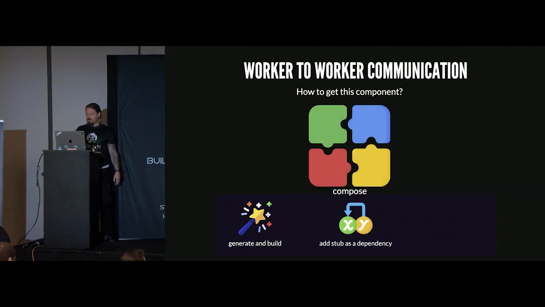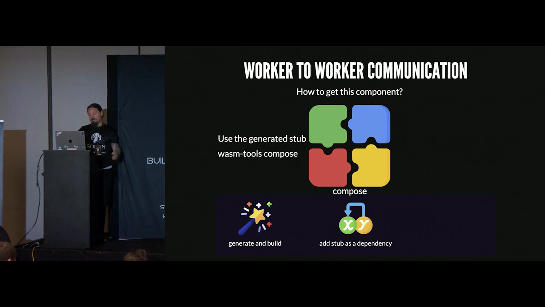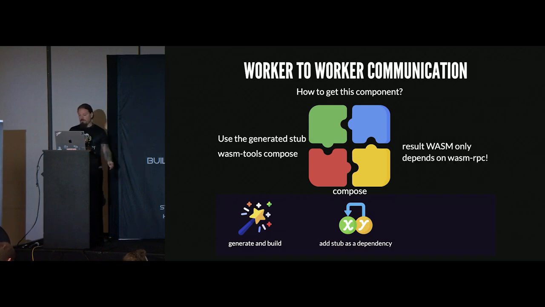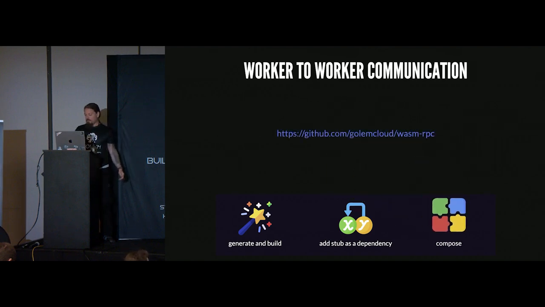And the last step is composing your generated stub that was built in the first step with your actual compiled code. And that's just the regular component composition. There are tools for that, for example, wasm-tools compose. And the resulting WebAssembly file only depends on WASM RPC and the other things you were depending on, but not on the stub, so you can upload it to Golem and run it.